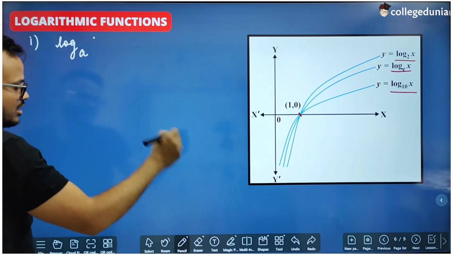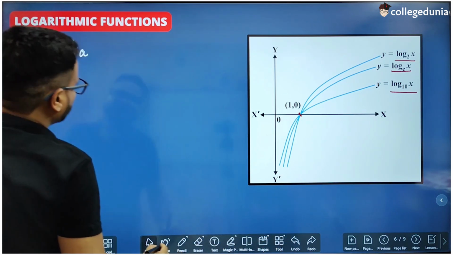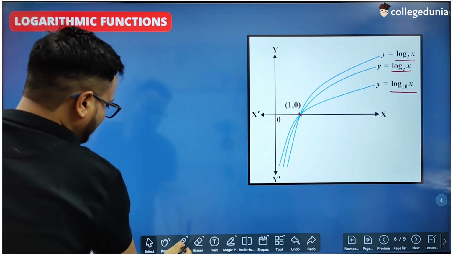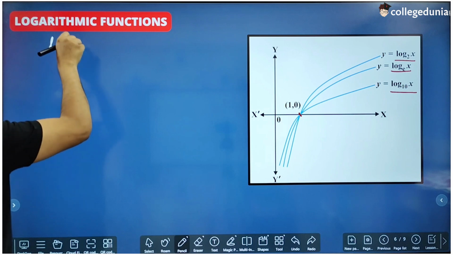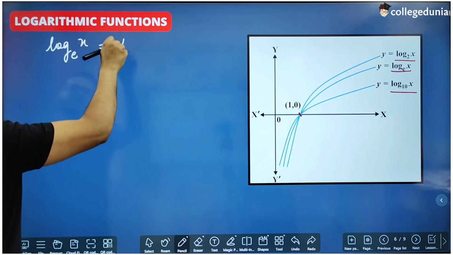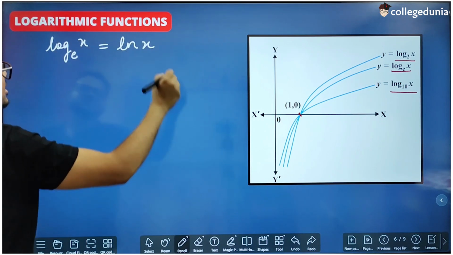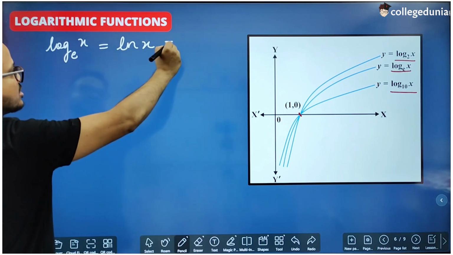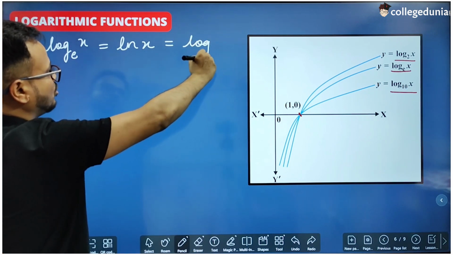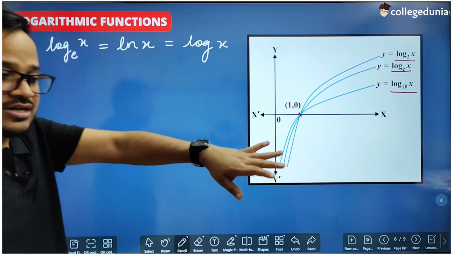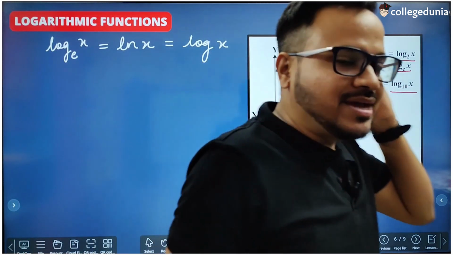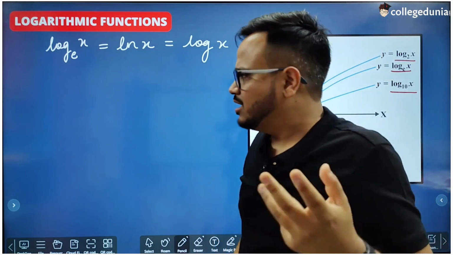But first see that log base e x is also written as ln x, which is read as natural log x, or in maths books it is just written as log x. When the base is not present, you will assume that the base is e, right?